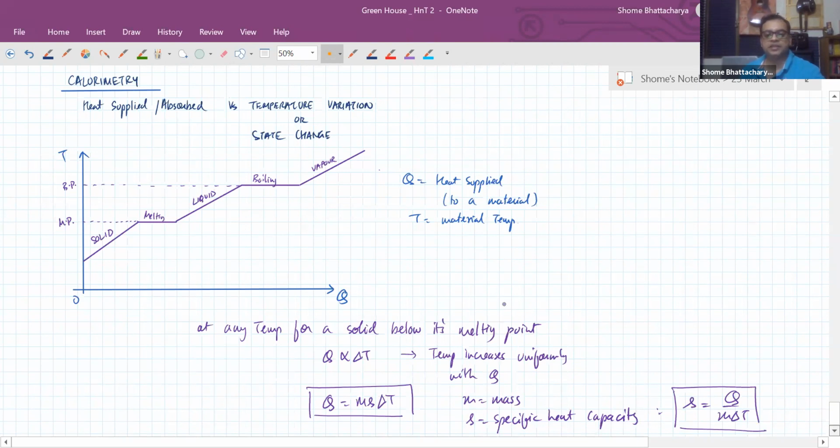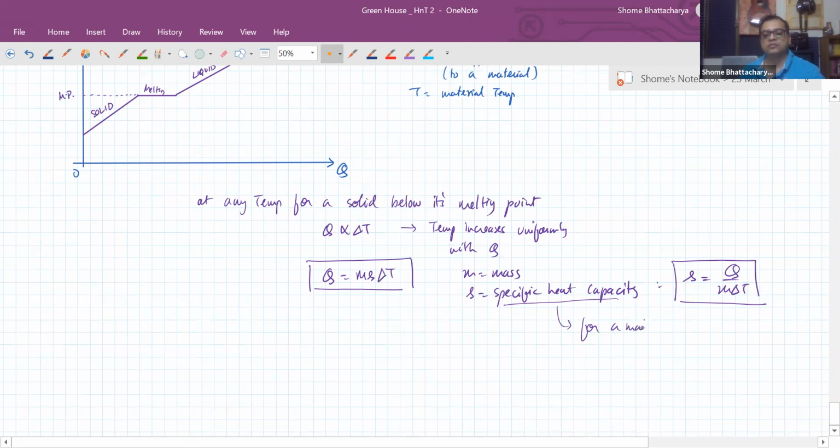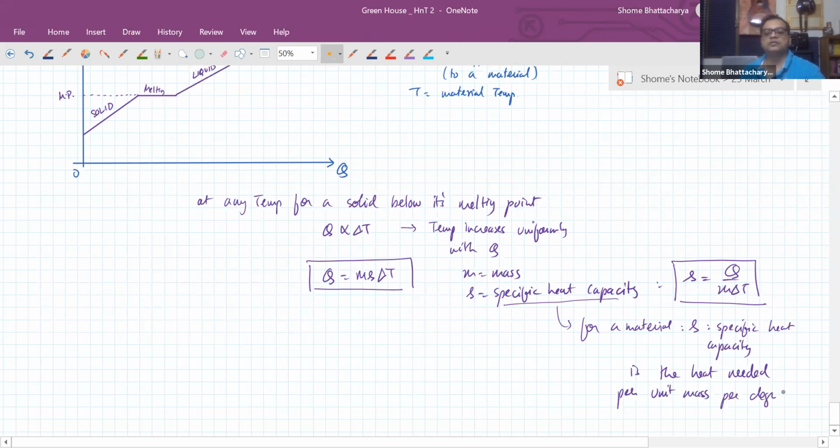So the specific heat capacity for a material is the heat needed per unit mass per degree change in temperature.